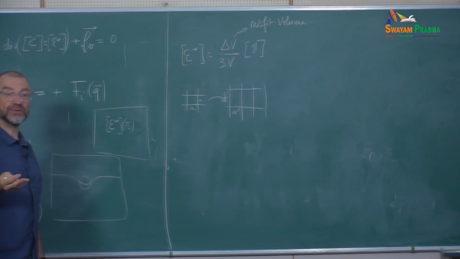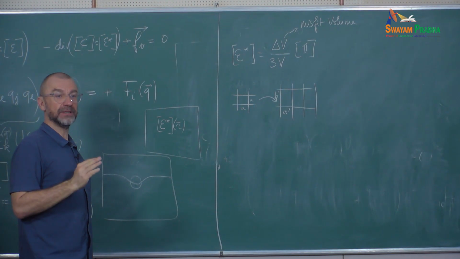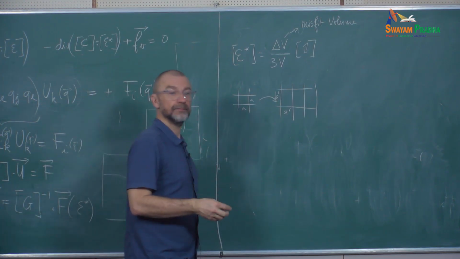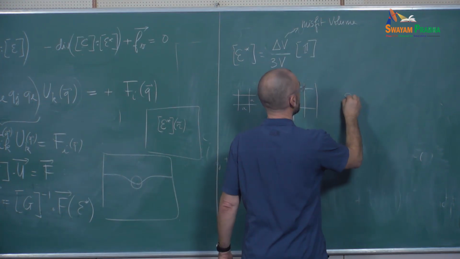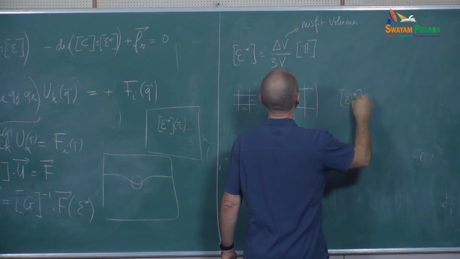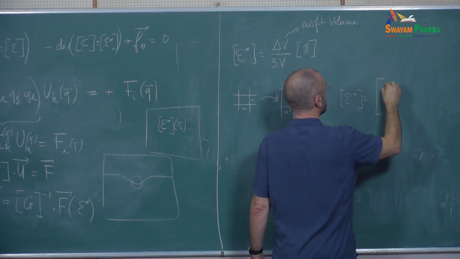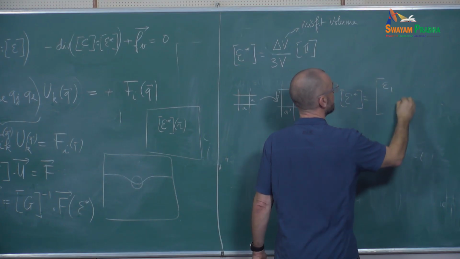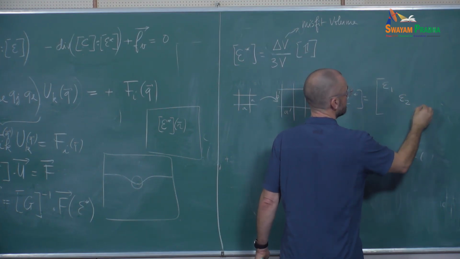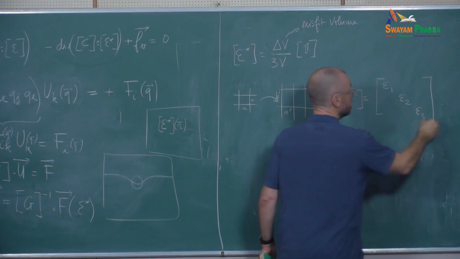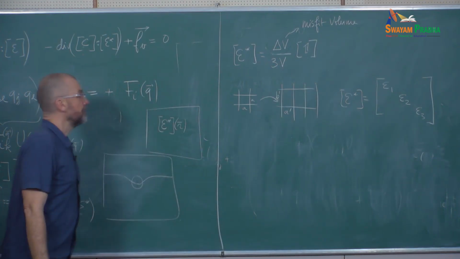What will the eigenstrain look like in this simple case? There will be a value epsilon 1, then an epsilon 2, and maybe an epsilon 3.